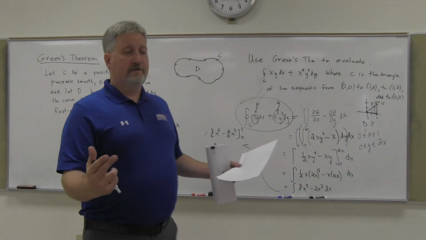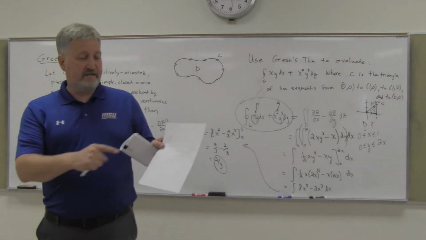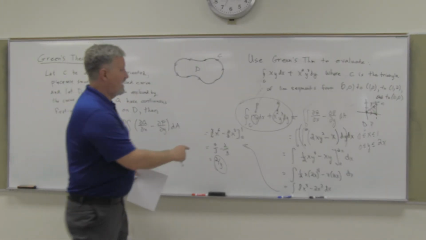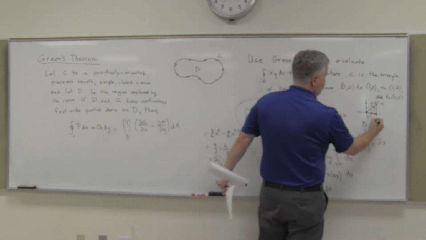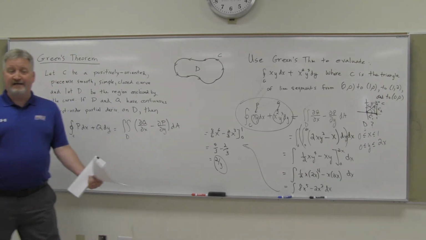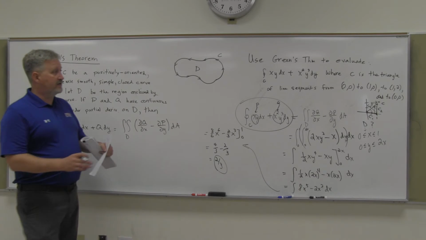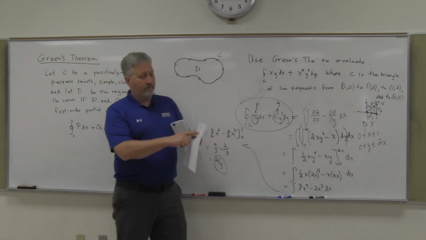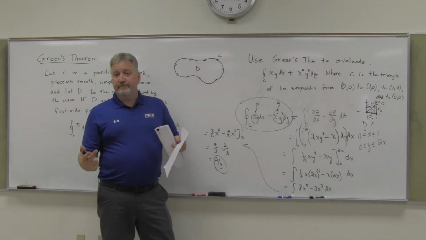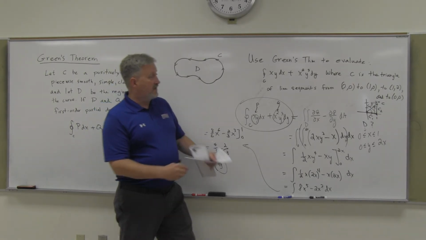Notice what that means is you have to do three different parts: C1, C2, C3. So if we're going to do this like a line integral, you have to figure out what C1 is, basically in terms of parametric equations. I've got them there. C2, C3, same thing, so you have to figure those out.